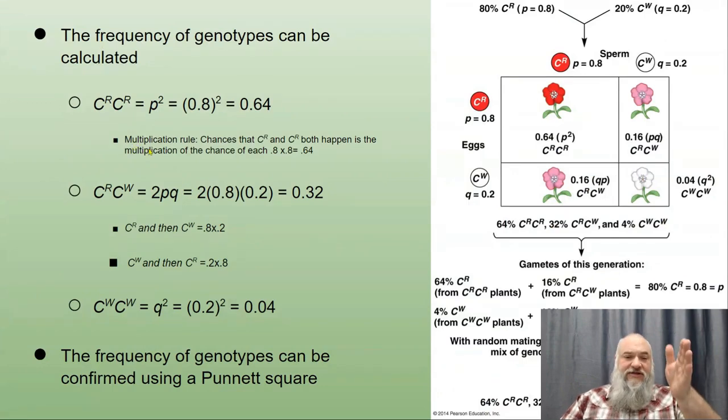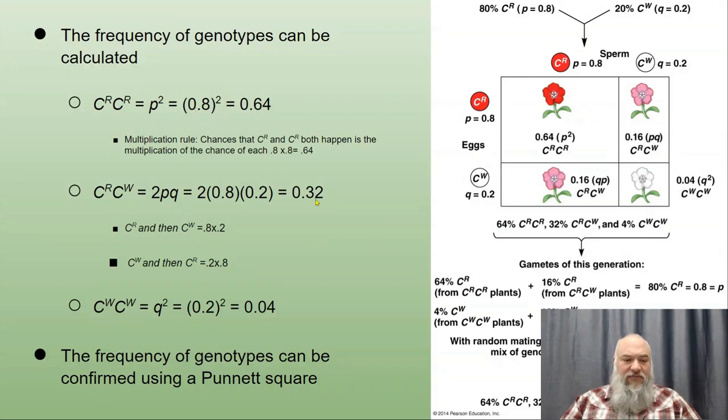The chances of this and this both happening, we multiply the chances of each one singularly. So that would be 0.8 times 0.8 equals 0.64. The Hardy Weinberg equation just simplifies that to P squared. The frequency of the P allele, which is CR, we square it because that's this right down here. So P squared, 0.8 squared, is 0.64.